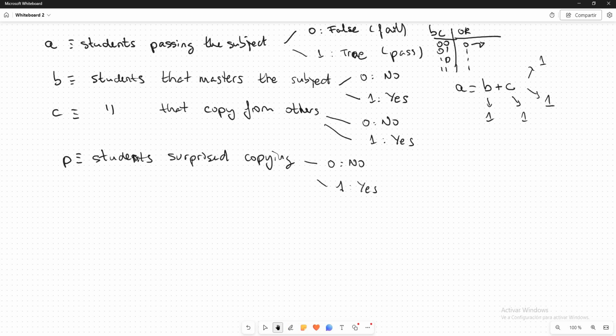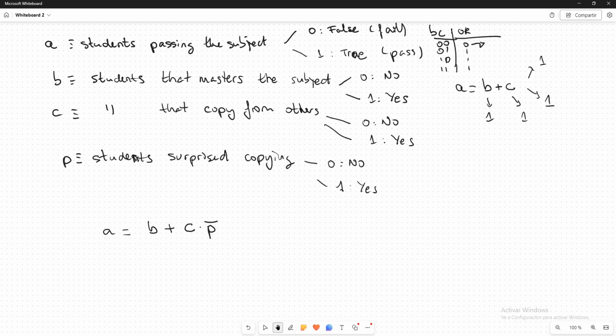If I don't see you, you passed. So now the function can become B, you have studied, or you copy, and I don't see you. If I don't see you, it's P negated. So this is just a silly example of how to translate natural language into a Boolean function.